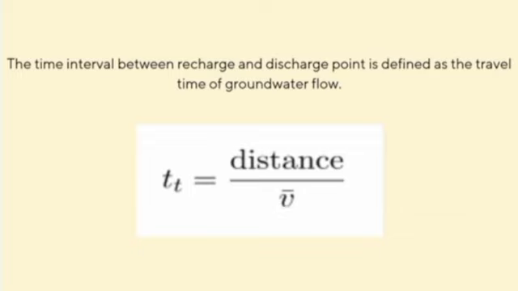If the groundwater velocity is uniform along a flow path, the time required for a packet of water to move from one location to another along the flow path is computed by dividing the distance of travel by the groundwater velocity. Now, this is the formula that we are going to use to calculate the travel time of groundwater flow. Travel time is equal to d, or the distance between 2 points, over v, or its actual velocity.